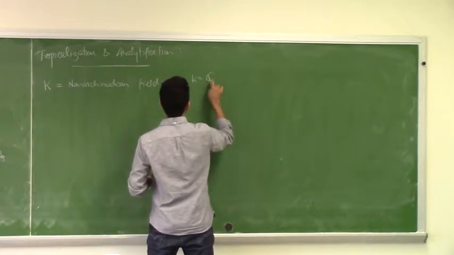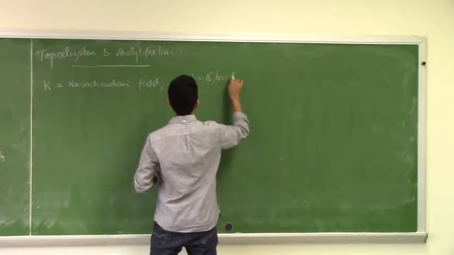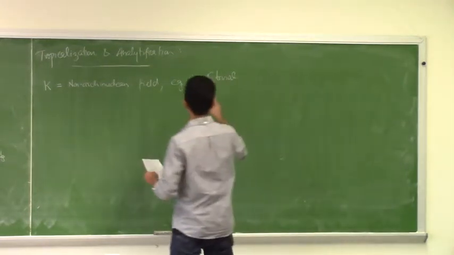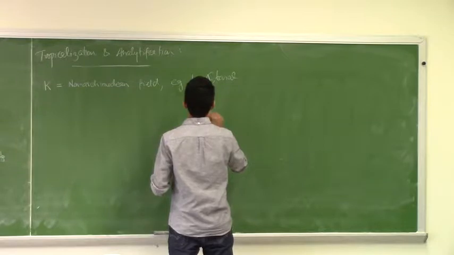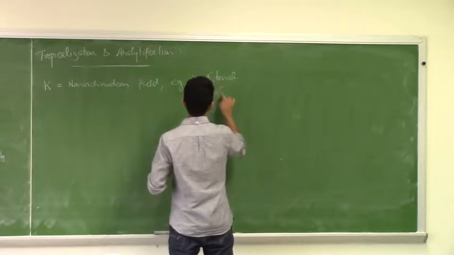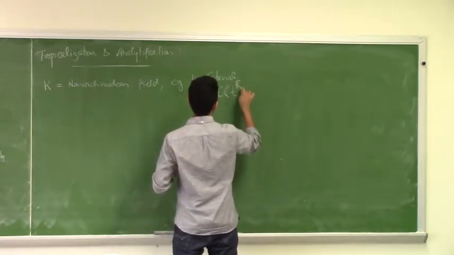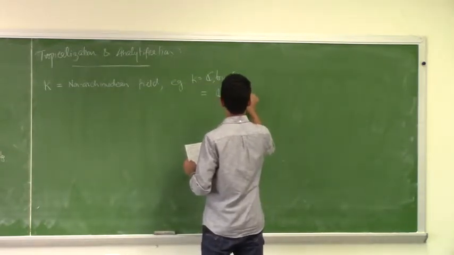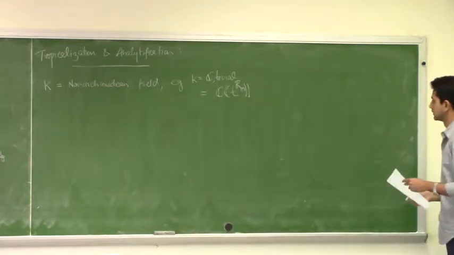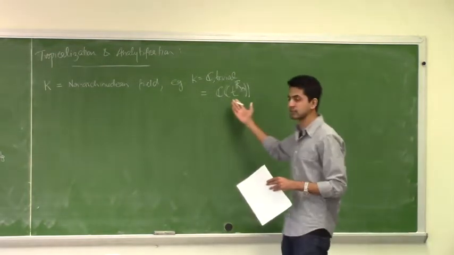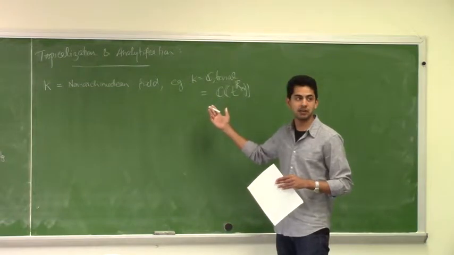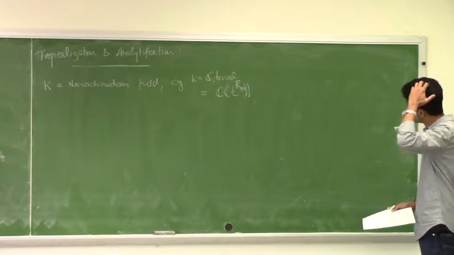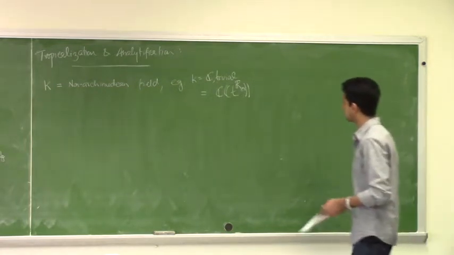I like to think of the trivially valued complex numbers. That's a perfectly good non-Archimedean field, complete non-Archimedean field. It has the discrete topology. Or I would like you to think about the Hahn series field. So what is this? This is some very, very large extension of the Laurent series, some even larger extension than the Puiseux series.